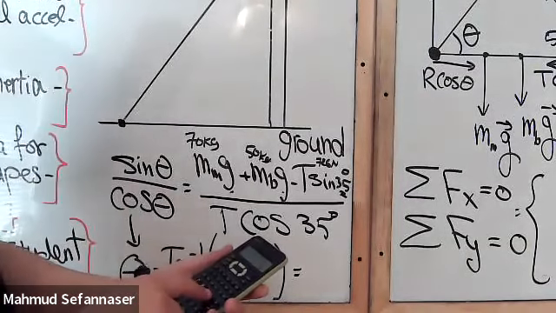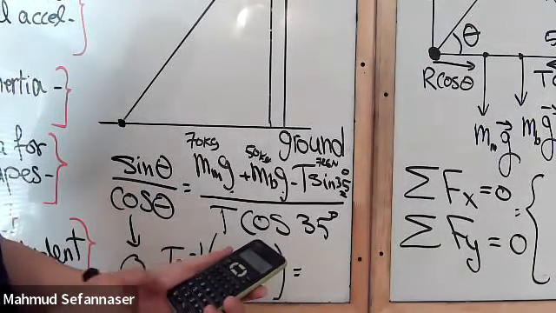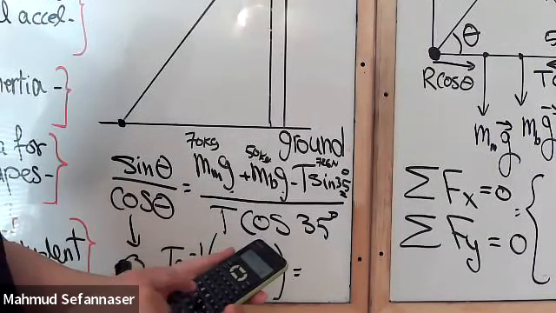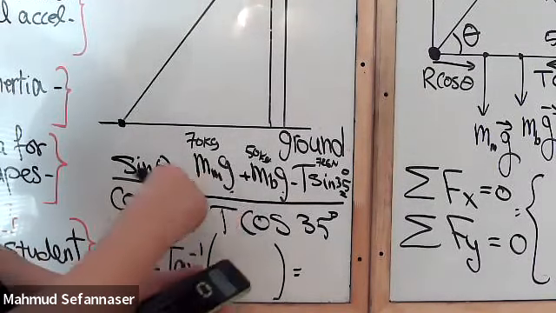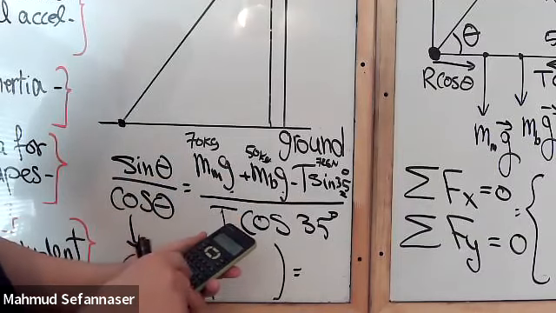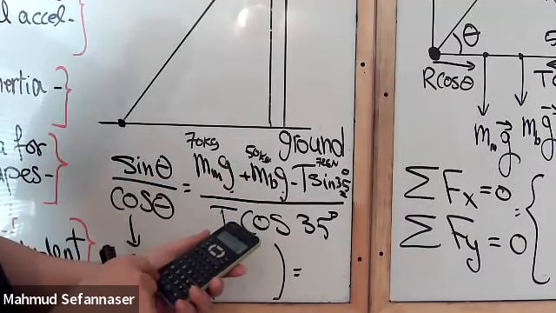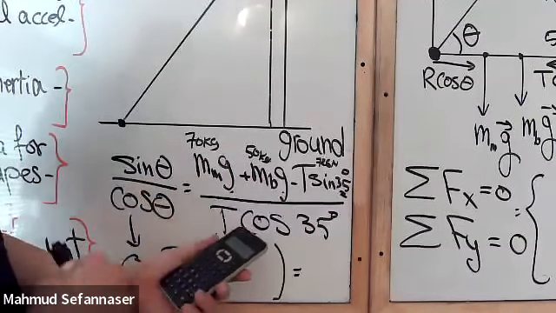So we have 70 times 9.8. This is one term, plus the other term, guys, we have 50 times 9.8. This is the second term.